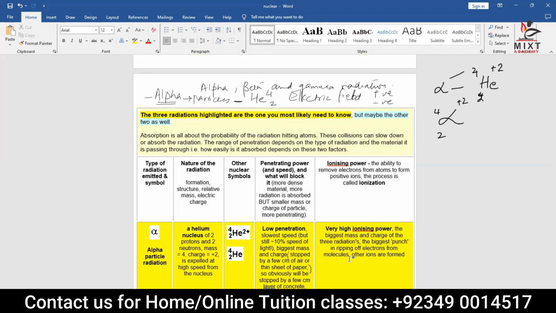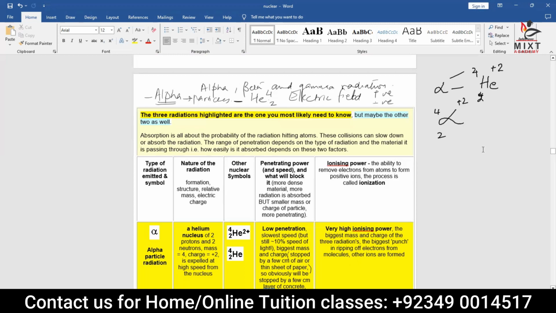These helium nuclei have 2 electrons knocked off. It means that alpha particles are positively charged particles with a charge of plus 2.